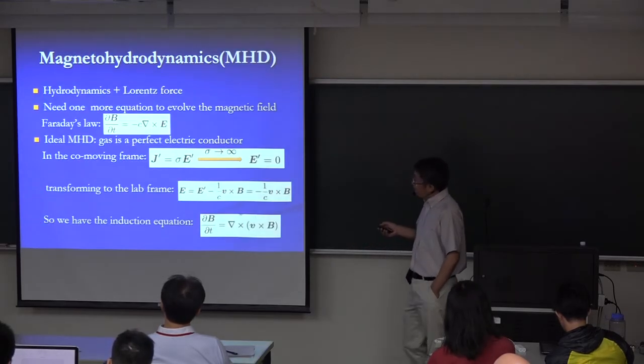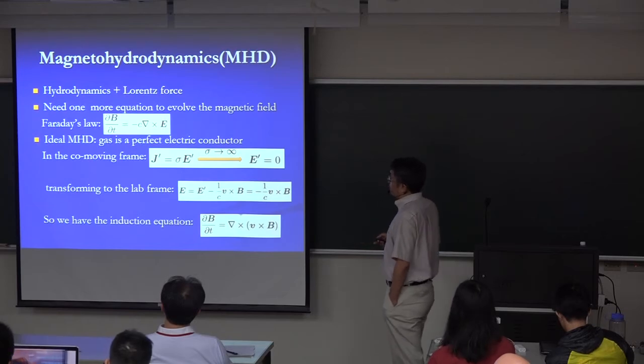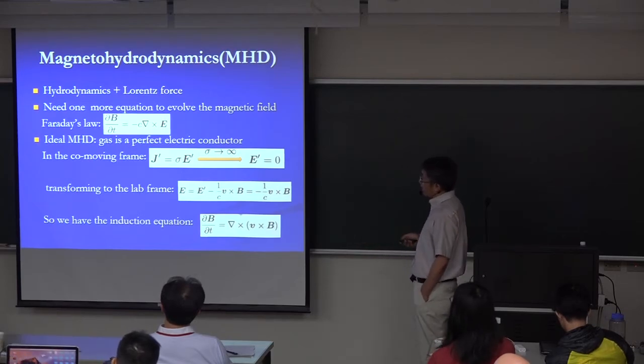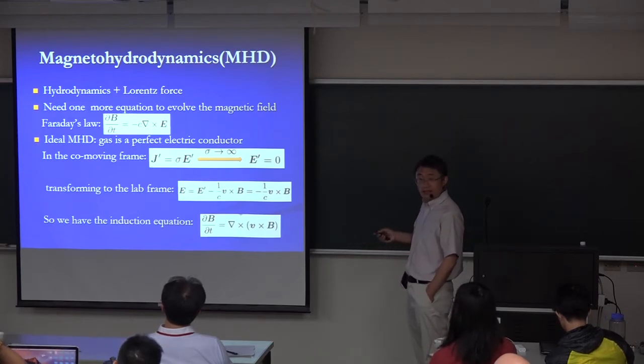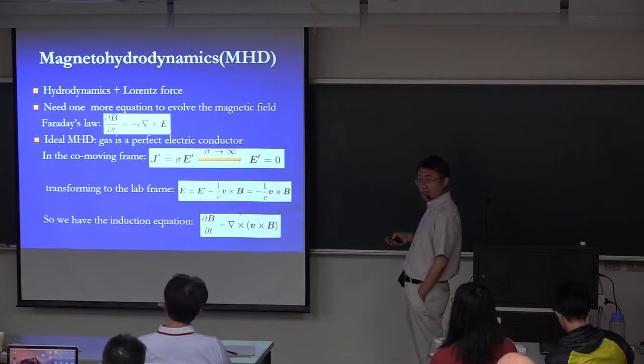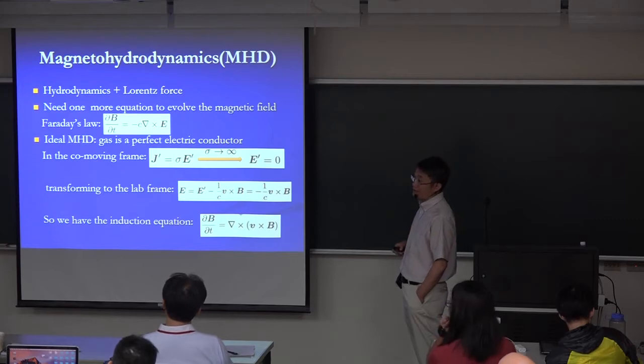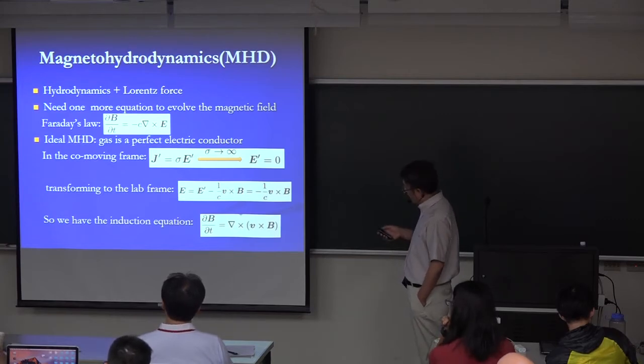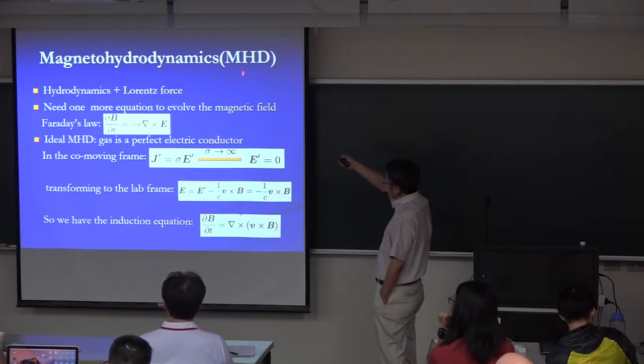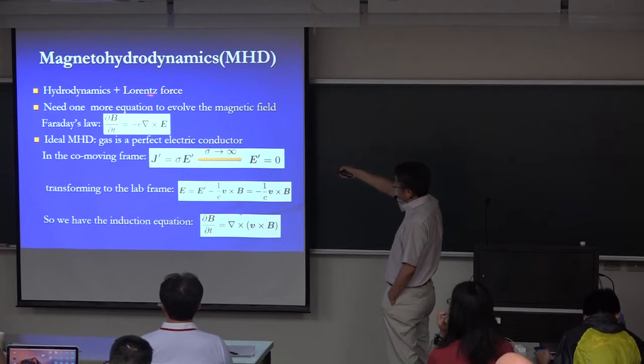For MHD, the only difference compared to HD is that now we have a magnetic field. This is quite important because intrinsically black hole accretion can operate only because we have a magnetic field. So MHD is basically HD plus the Lorentz force.